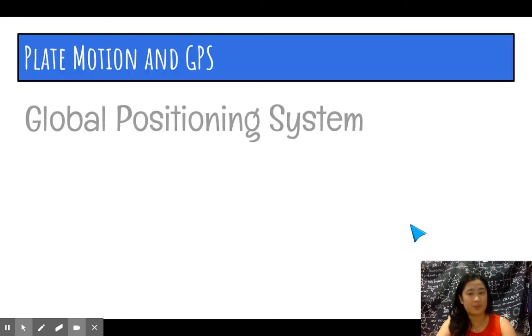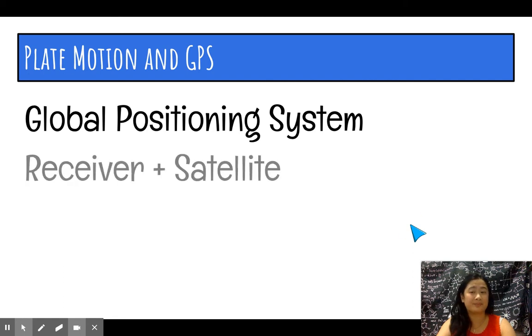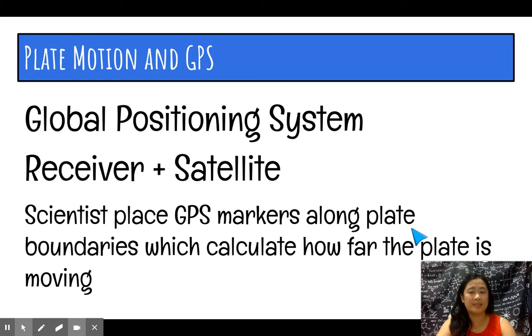And we learned earlier in this lesson that GPS stands for Global Positioning System. And that in the system, there's a receiver and there's a satellite. So scientists place GPS markers or receivers along plate boundaries, which calculate how far the plate is moving.